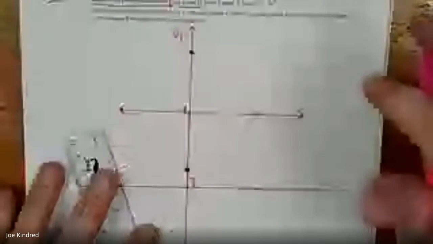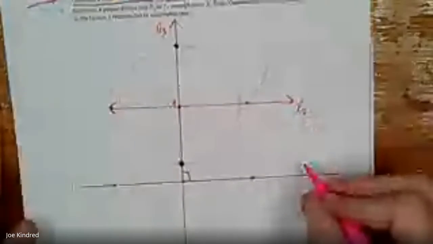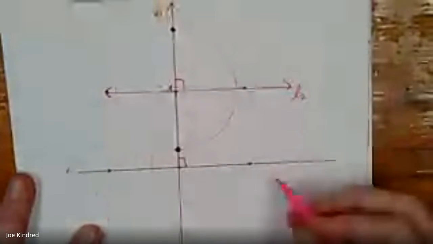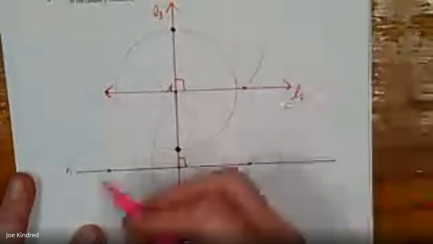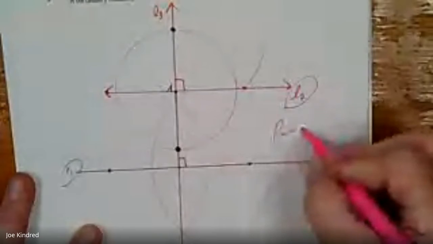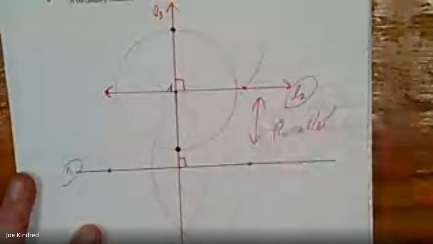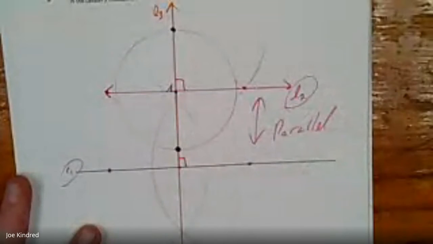And so now line 2 is perpendicular to line 3. We've done that. Line 3 is perpendicular to line 1. And now line 2 is parallel to line 1. And so that finishes up the practice problem here, number 1.